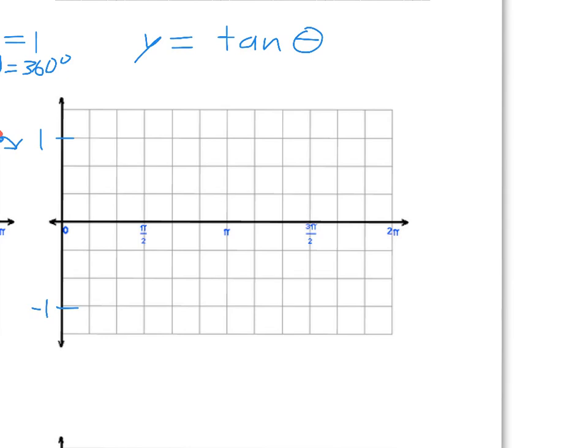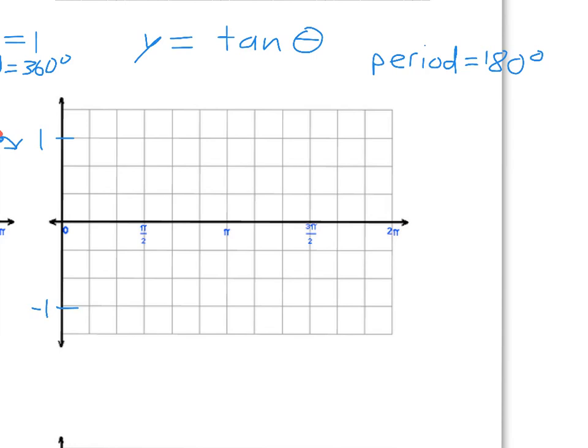Alright, so what I do for tangent, the period for tangent is 180 degrees. It's 180 divided by the number in front of theta. And so for tangent, I like graphing 2 periods, so 360 degrees or 2 pi.